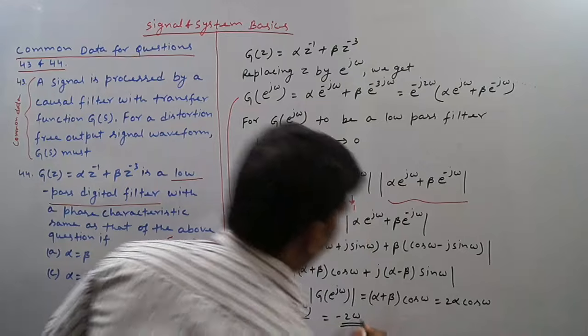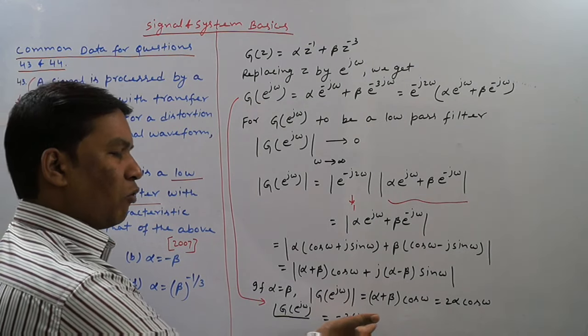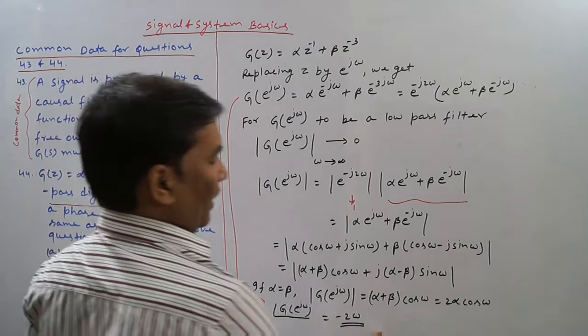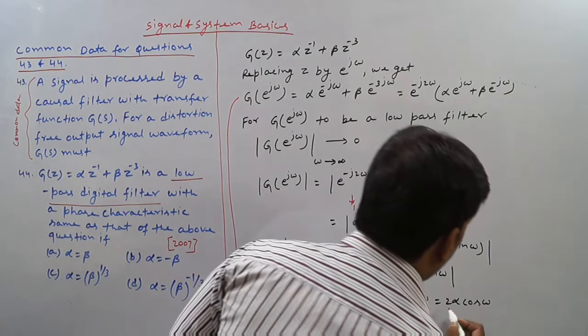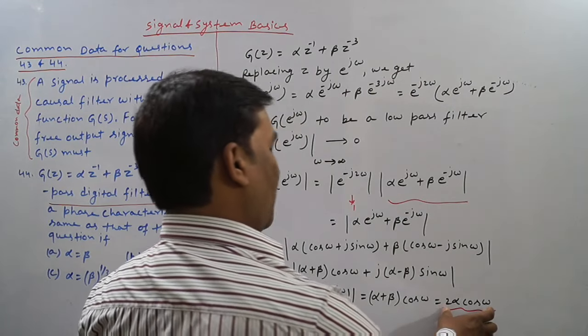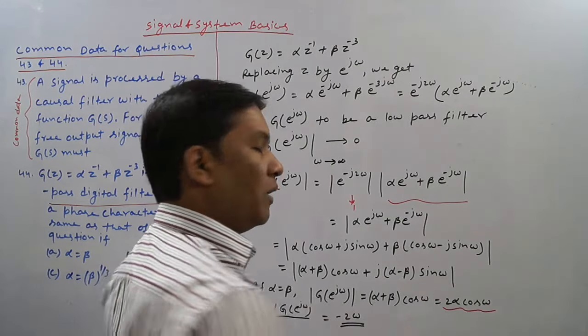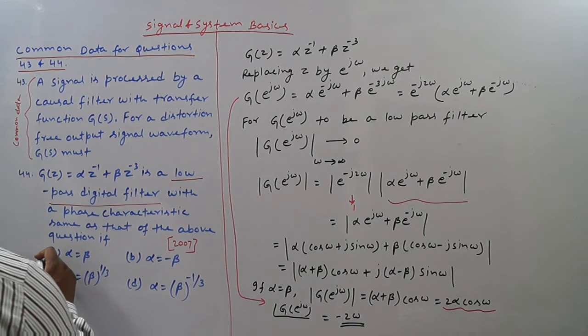So the angle also gets shifted proportional to the frequency, and this represents the characteristic of low pass filter, because for omega equal to 0 the value will be maximum, and as we increase omega the value will decrease. So option number A is the correct one.